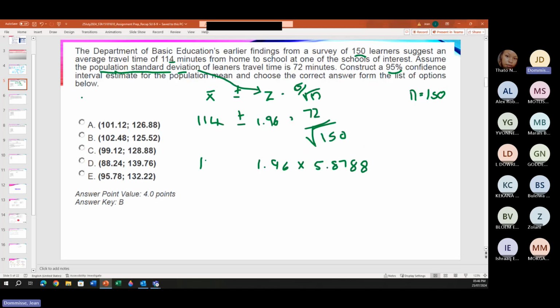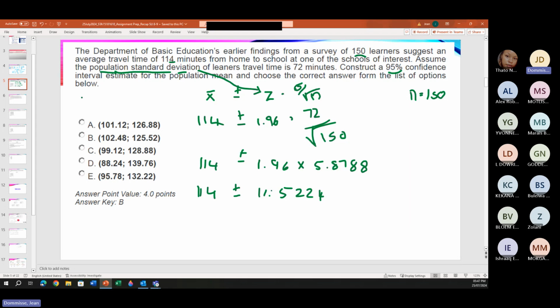Okay, so 114 plus minus that, so 5.8788 times 1.96. So I get 114 plus minus 11.5224.